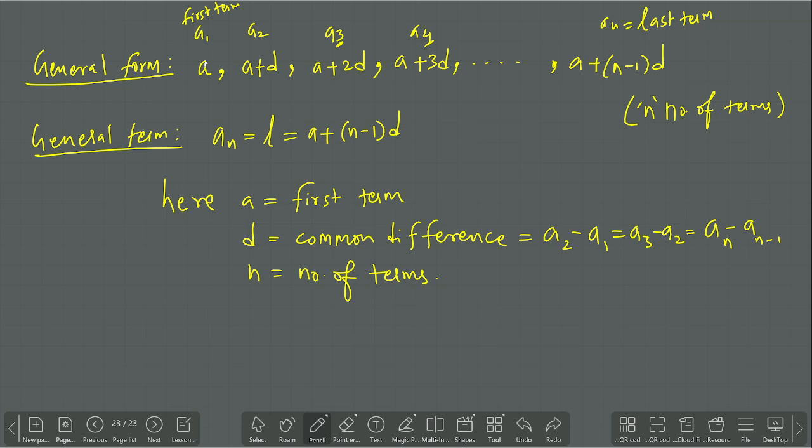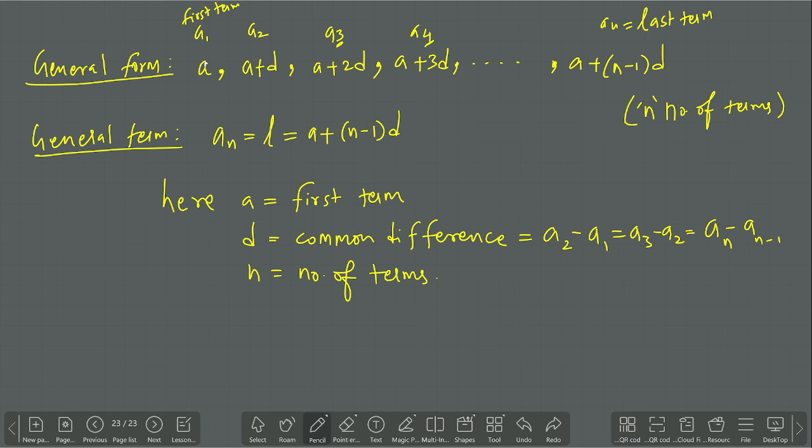Then A comma, A plus D comma, A plus 2D comma, going on till A plus n minus 1 into D. That is the last term. When we take n number of terms, we get the last term as A plus n minus 1 into D. Do you understand? Right, that's it.